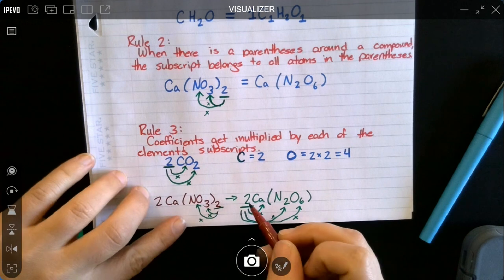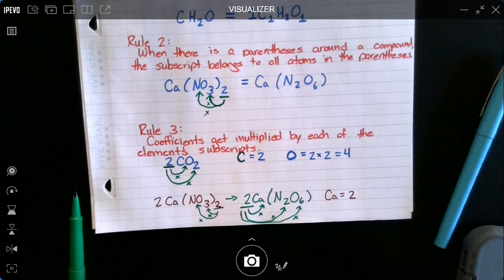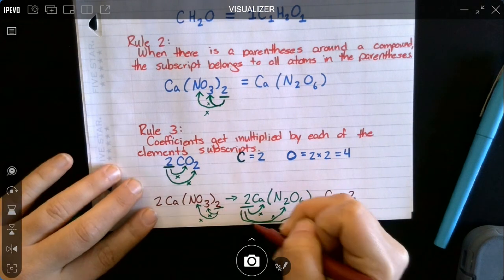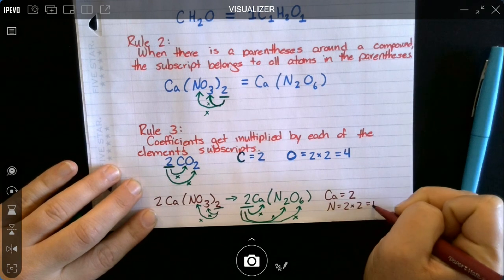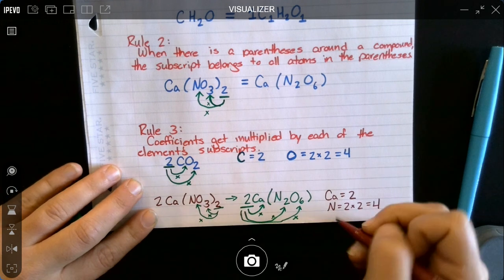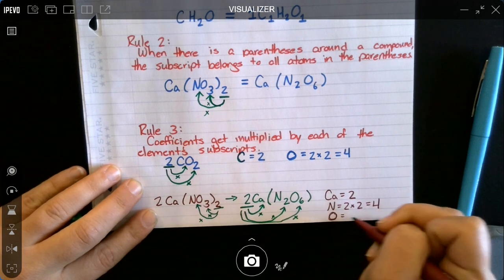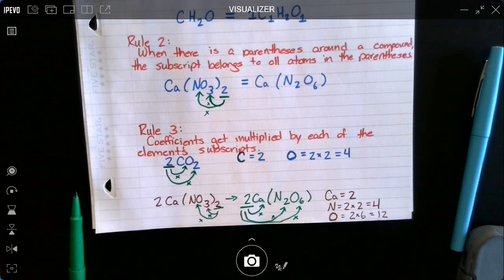So 2 times 1, I will have 2 Ca's. 2 times 2, I'll now have 4 N's. 2 times 6, I'll now have 12 O's. Again, that last one's the bigger one, it's going to be a little bit more difficult.